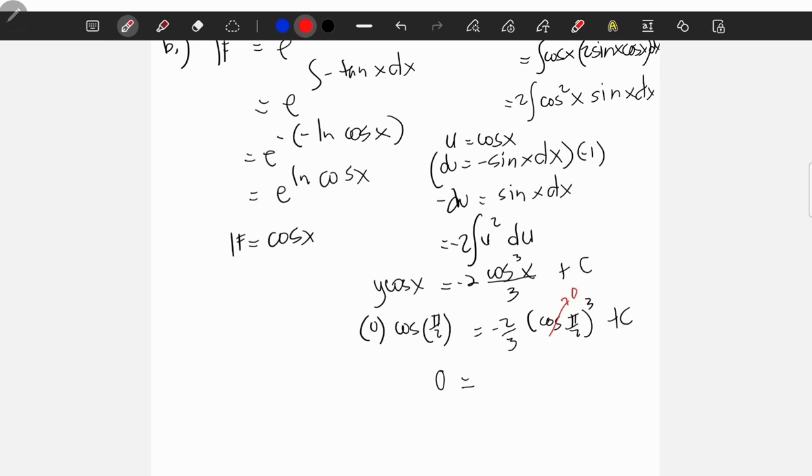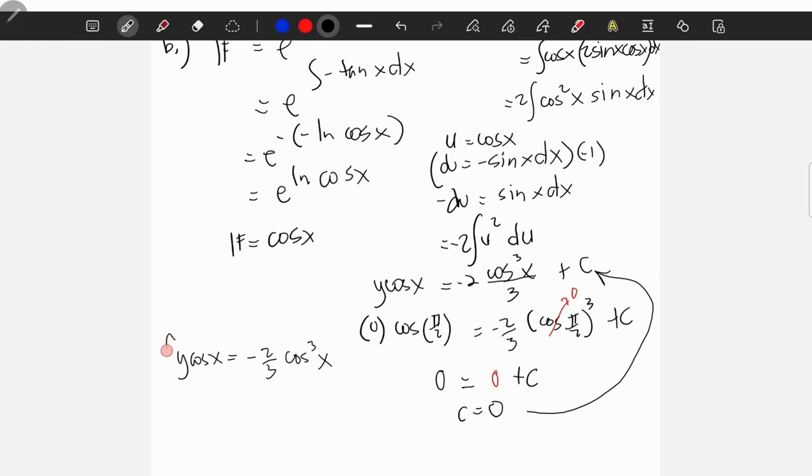Cosine pi over 2 is 0. 0 times negative 2 over 3 is 0. So, plus c. So c is equal to 0. So c now is 0. So y cosine x equals negative 2/3 cosine cubed x plus 0. So we don't need to write plus 0.